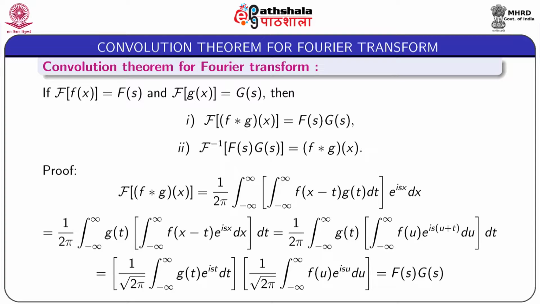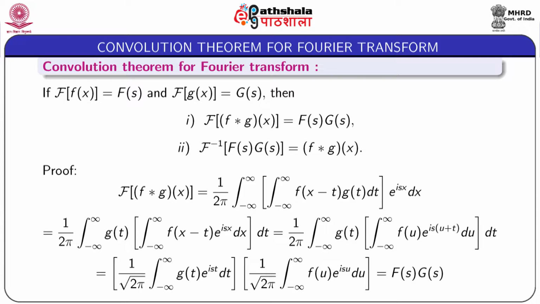That means Fourier transform of convolution of two functions is equal to product of their Fourier transforms. Number 2, inverse Fourier transform of the product of capital Fs and capital Gs is equal to the convolution of small f and g.